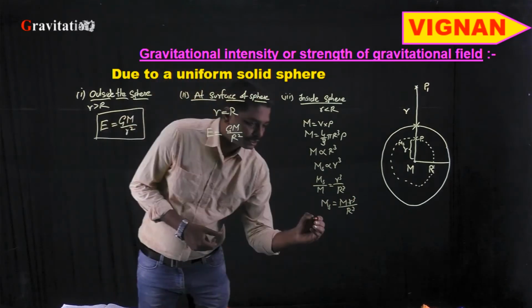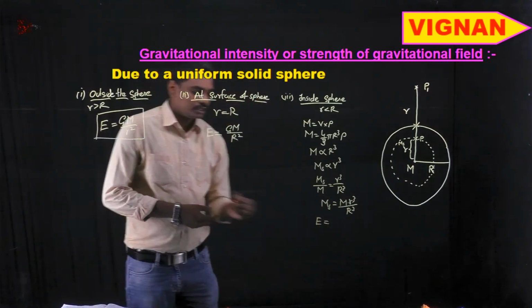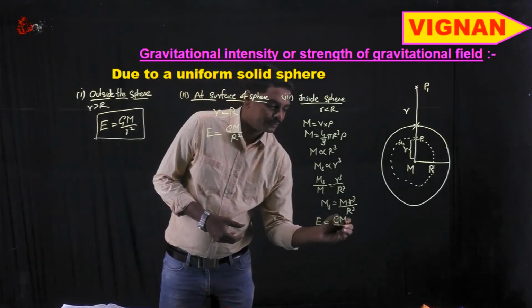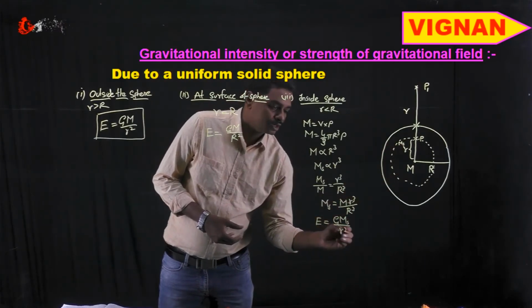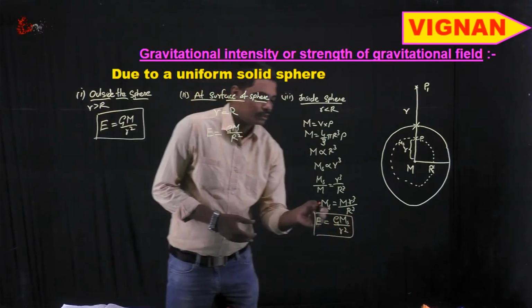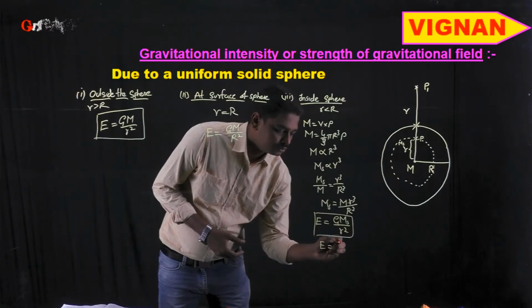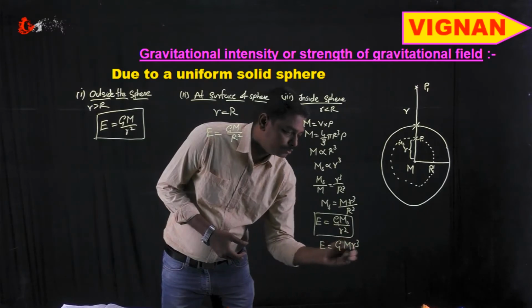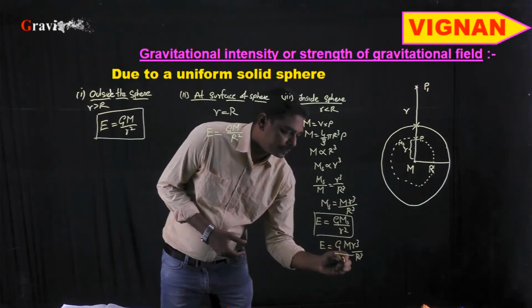We know that the gravitational field intensity, or the strength of the gravitational field, E is equal to G capital M by, or here we need to consider only the mass ms, by r square. So by substituting the value of ms, we can calculate E is equal to G times capital M r cube divided by capital R cube, whole divided by r square.